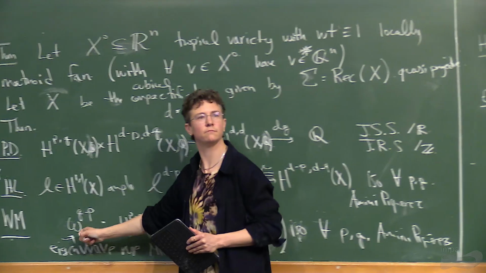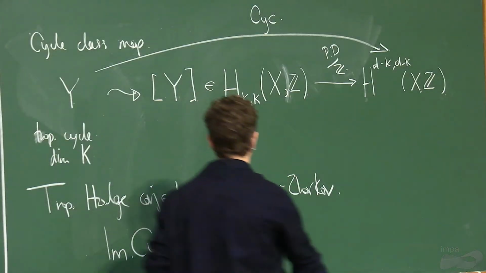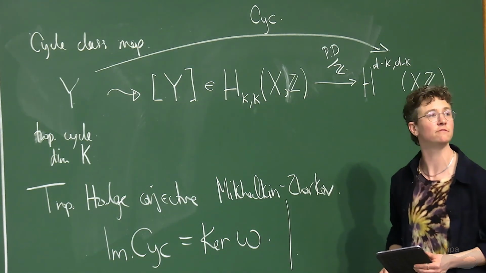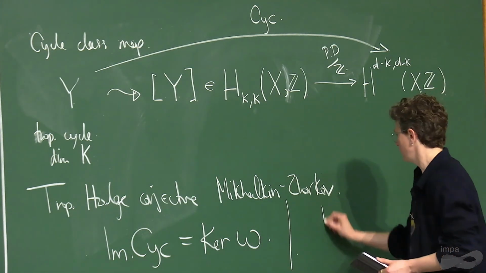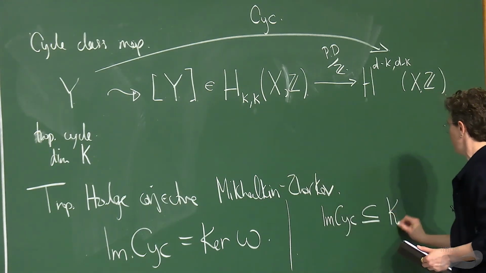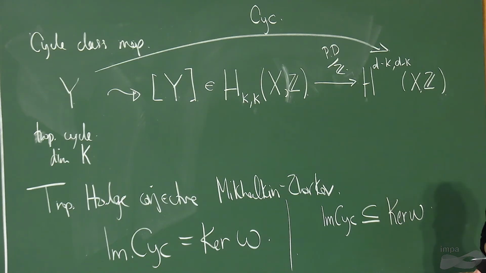This one here. Okay? So I haven't given you the definition of W, but it turns out that one inclusion is very clear. If you're coming from an algebraic cycle, you're definitely going to be killed by this map. Okay.